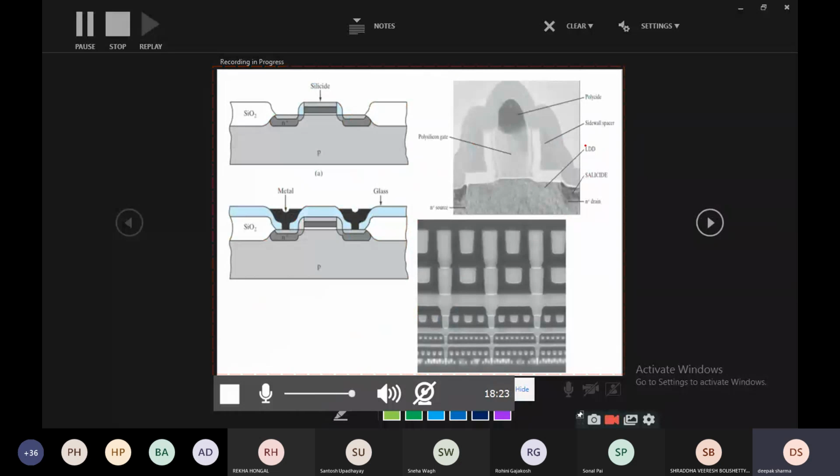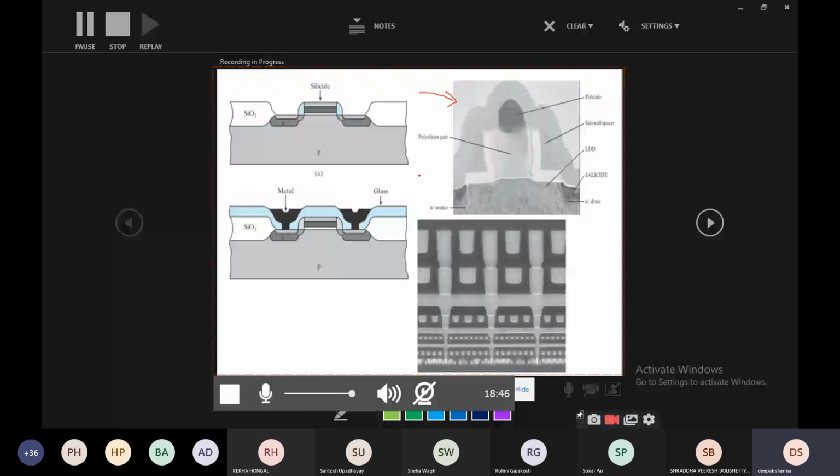And this is one more diagram. Actually, this is another view of the fabrication. This is the cross sectional view of an LDD MOSFET with a gate length of I think 52 nanometers.